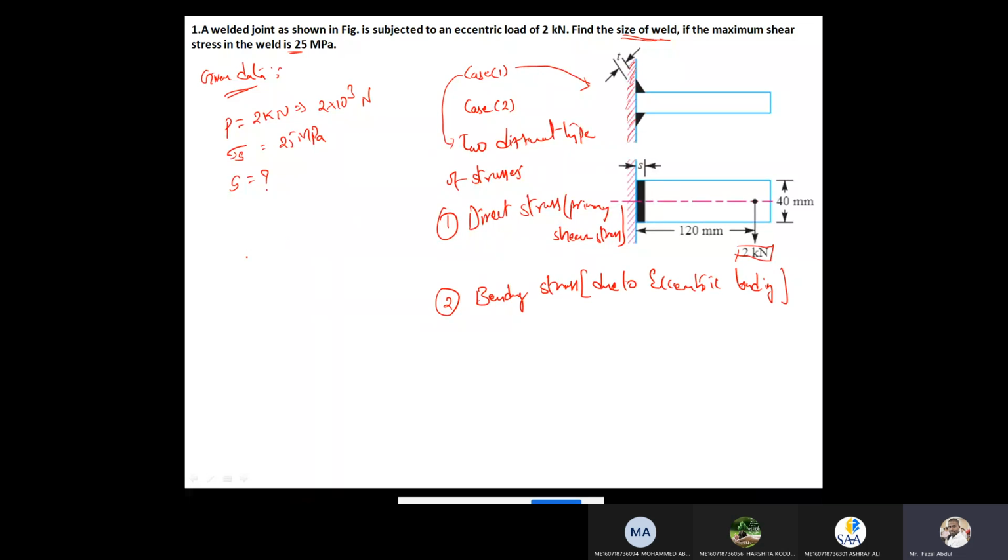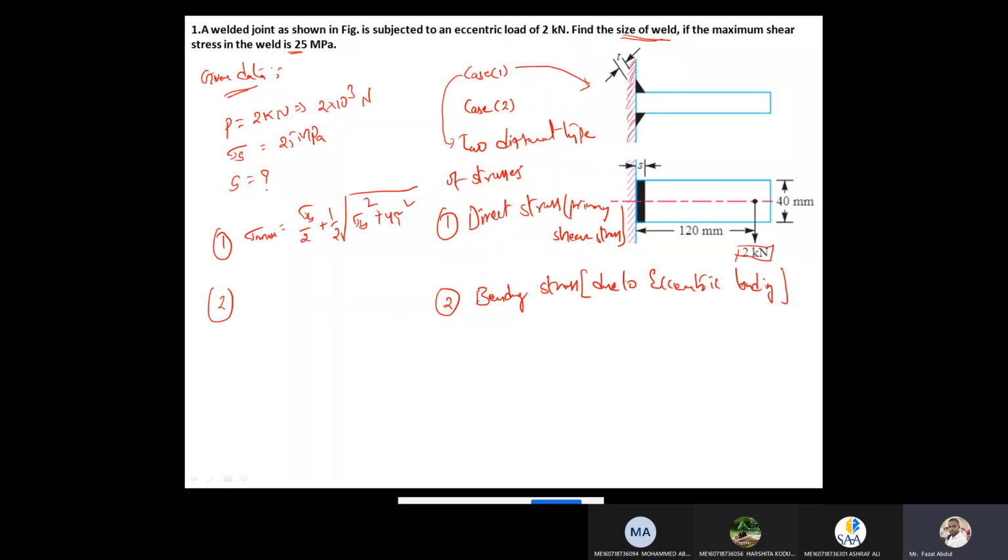Because two simultaneous stresses are acting on a particular element, we are adopting the theories of failure here. We have two theories. First, the maximum principal stress theory: maximum stress equals sigma b by 2 plus 1 by 2 into square root of sigma b square plus 4 tau square.